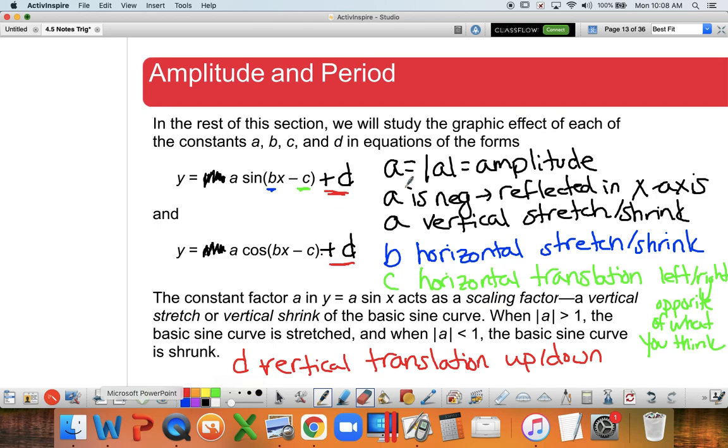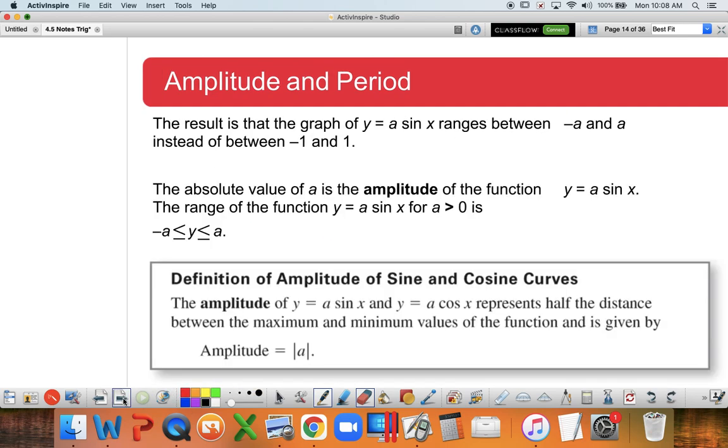And let's make sure we really define amplitude. So your book defines your amplitude, maybe something in your notes that you want to star, make sure we know about, because we want to just look at the value out front. Because remember, it could be reflected over the x-axis. I just want to take the absolute value of A. So that's going to represent that middle line for both your sine and your cosine curves.